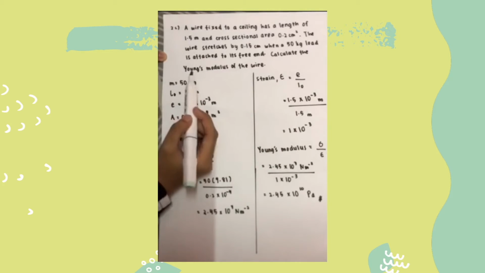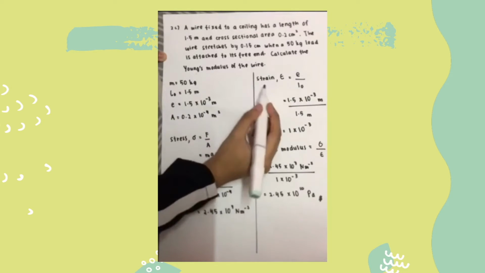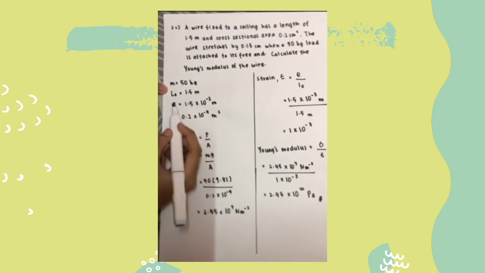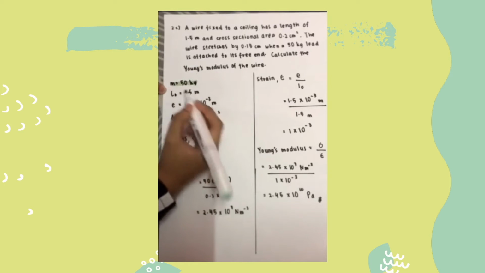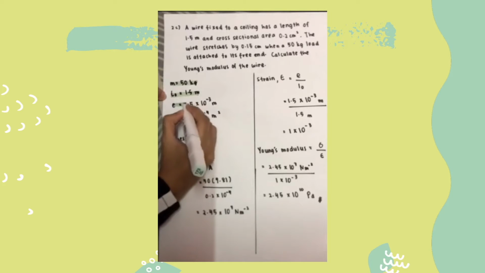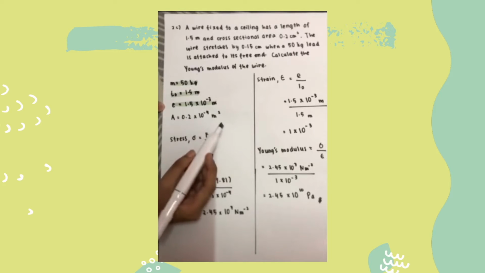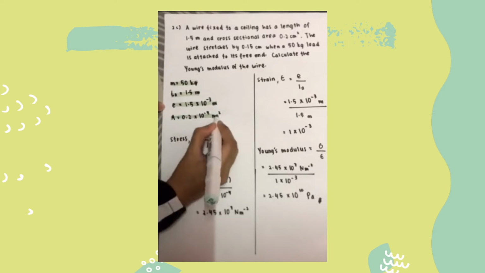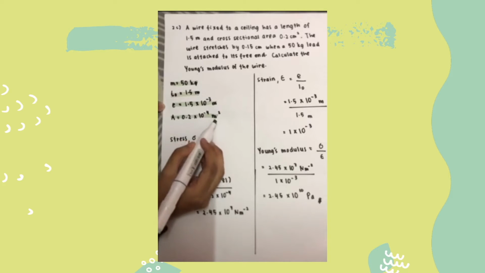To calculate the Young modulus of the wire, first we need to find the stress and strain. From the question, the mass is 50 kg, l0 is 1.5 meter, e equals 1.5 times 10 to the power of negative 3, and the area is 0.2 times 10 to the power of negative 4 meter squared.